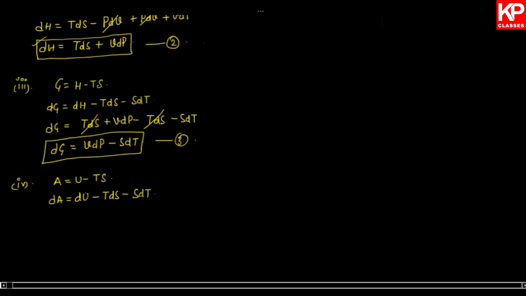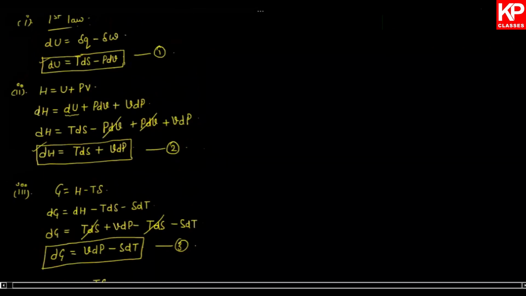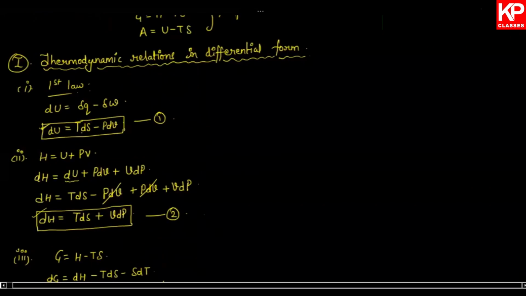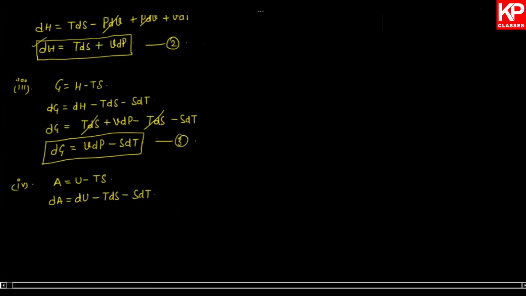So put in the value of dU that you have obtained earlier. In equation number 1, the value of dU we obtained as TdS minus PdV. We'll be putting this value in order to calculate the Helmholtz free energy. So it was TdS minus PdV minus TdS minus SdT, and this is equal to dA.